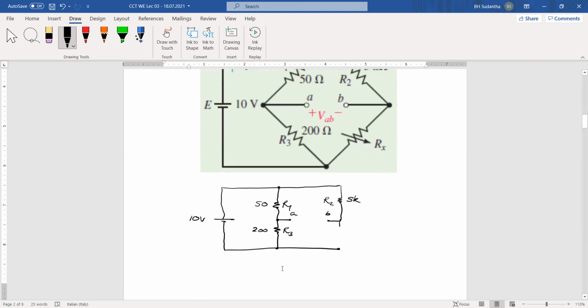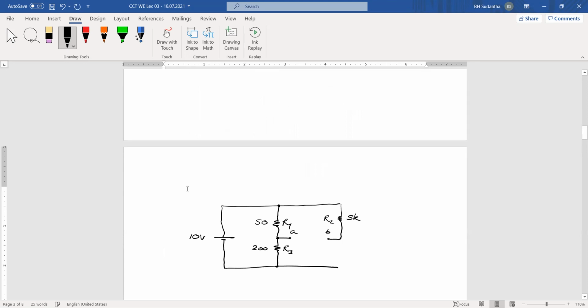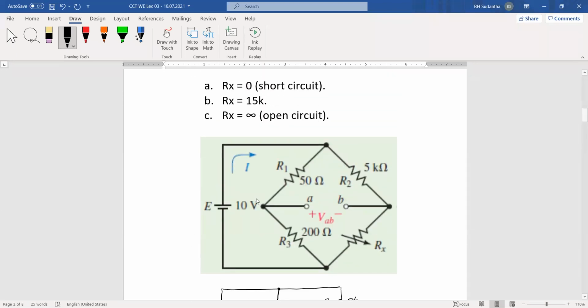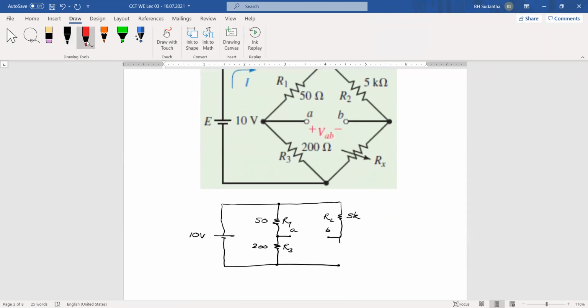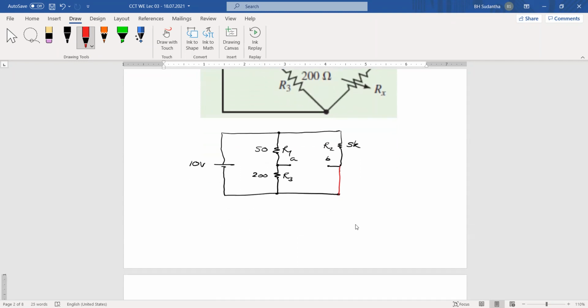Okay, this is our diagram. Initially Rx is 0, it's a short circuit.